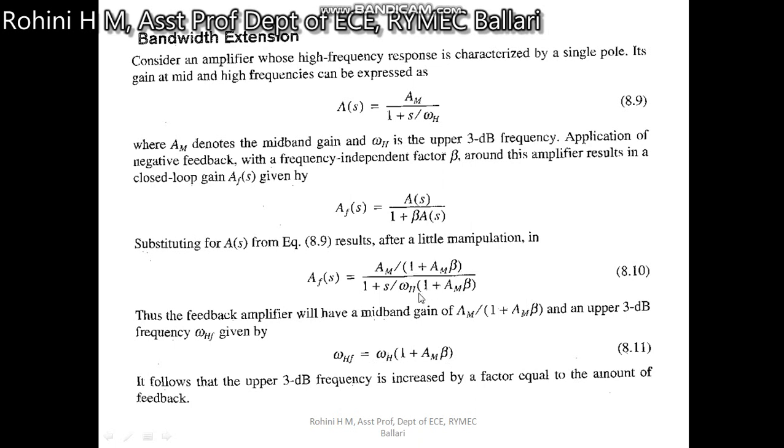This factor 1 plus AM beta is the additional term which is added. So it follows that the upper 3 dB frequency is increased by a factor equal to the amount of feedback. By the same factor, the upper 3 dB frequency is increased.